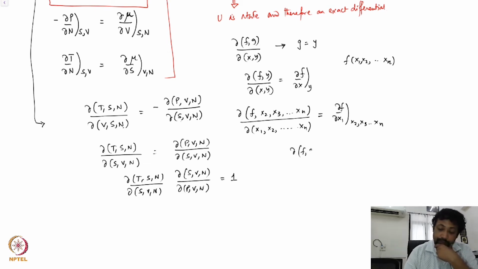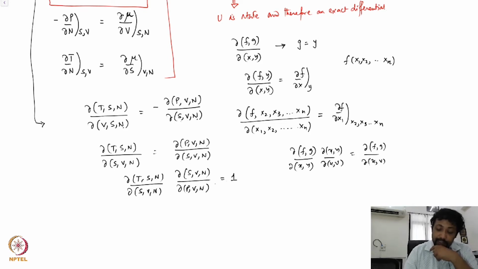Now remember, del of fg, del of xy, del of xy, del of fg is equal to, sorry, not this one. The result I want to use is del of xg, del of xy, del of xy, del of uv is equal to del of fg, del of uv.